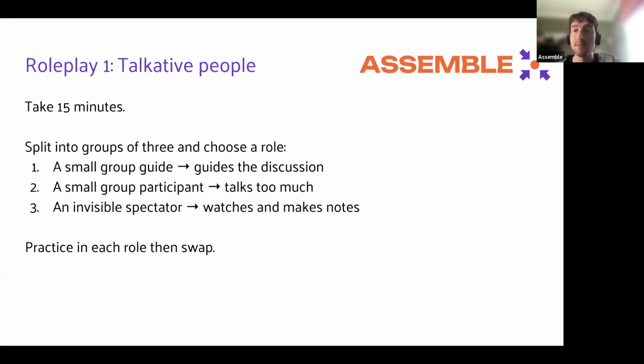Okay, so hopefully you've had a read through the script, and it's somewhat clear to you what you've got to be doing in the small groups. Now's an opportunity to do a bit of role play. So hopefully you're in the room with 1 or 2 or 3, even better, other people.